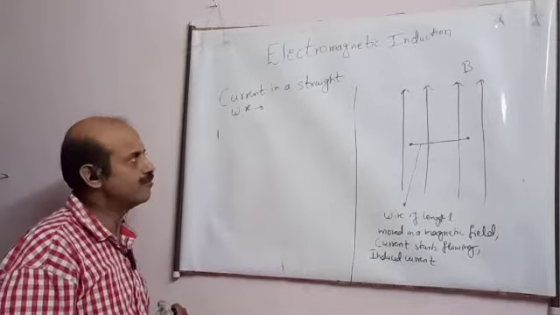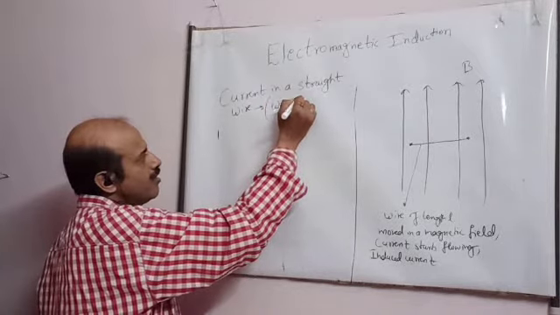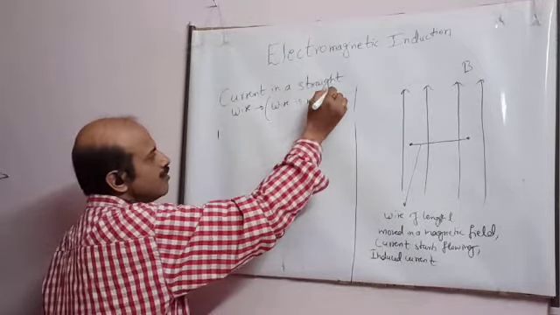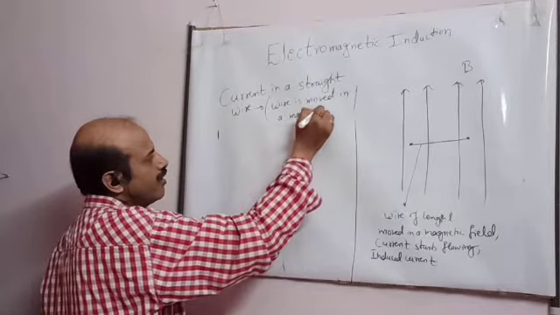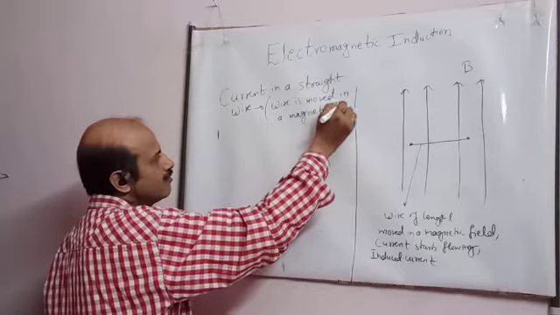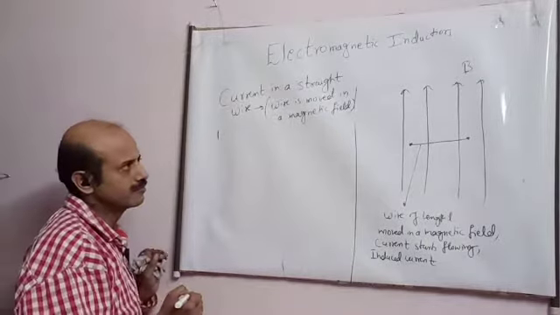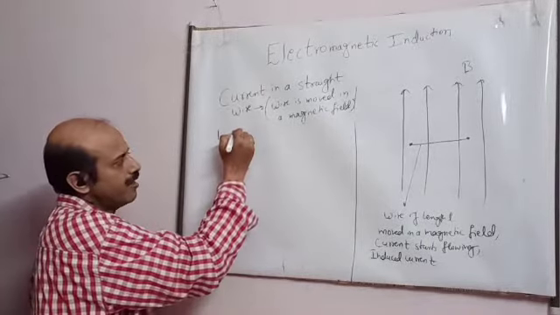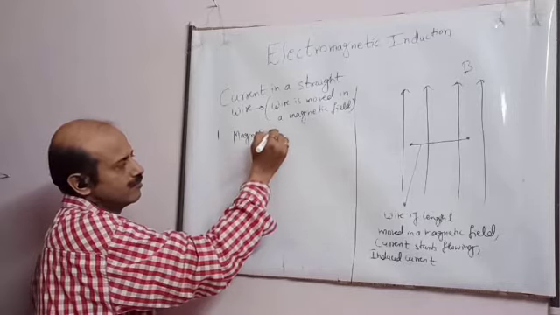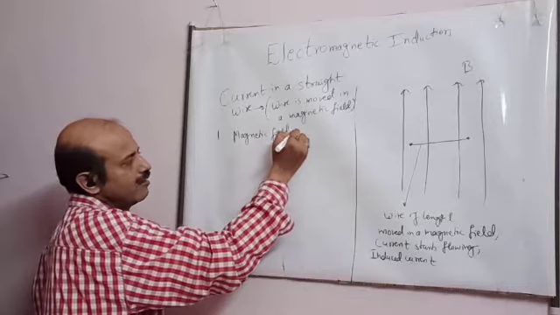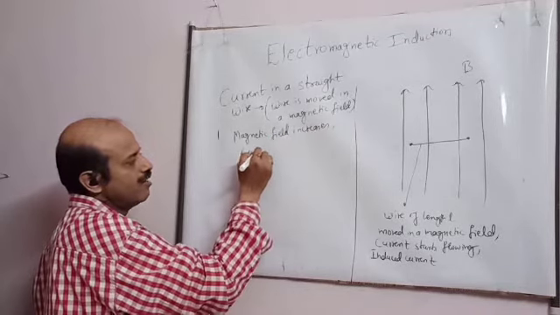So this you have to remember. Here I am writing it: wire is moved in a magnetic field. First thing, if the magnetic field increases, current also increases.